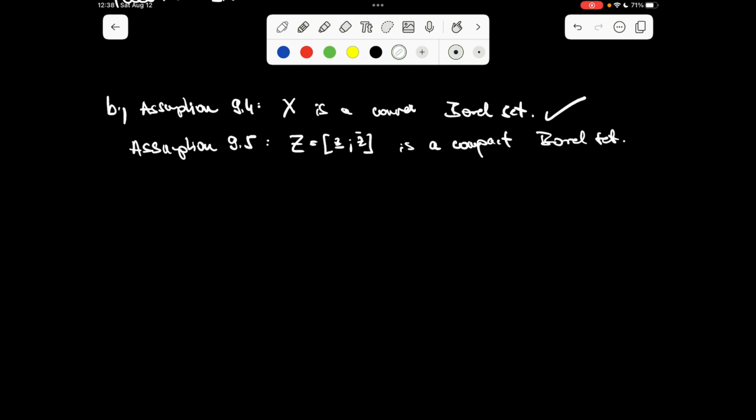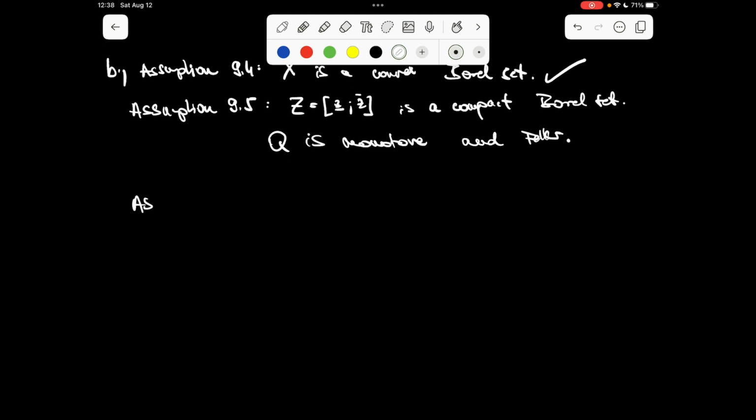That's great. And Q, the transition function, is monotone. It is monotone and Feller. That's great. So assumption 9.5 holds.